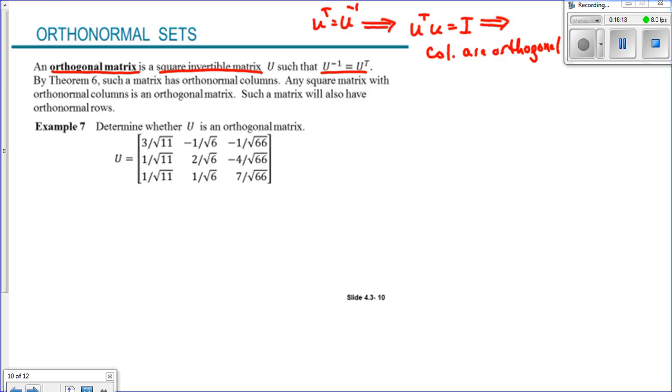So any square matrix that has orthonormal columns will be an orthogonal matrix. And a matrix that satisfies that will also have orthonormal rows. So not only will the columns be orthonormal, length 1 and orthogonal, but the rows will also be orthogonal and length 1. Okay, so I want to see, is this matrix U an orthogonal matrix?